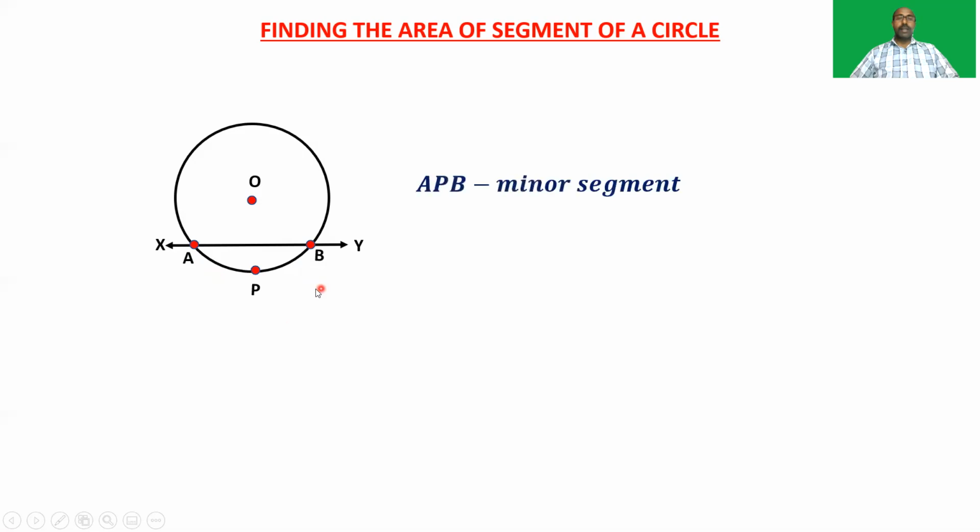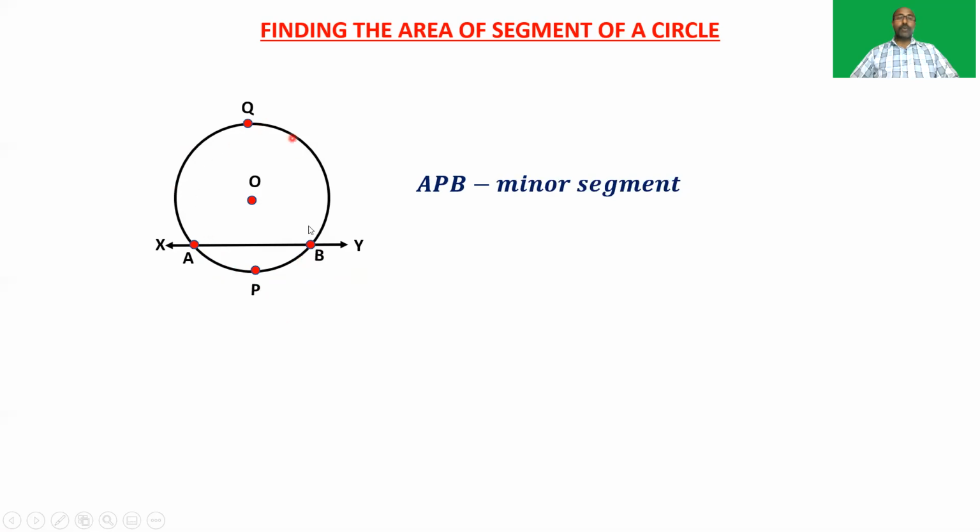Here I am taking a circle with center O, and XY is a secant which intersects the circle in two distinct points A and B. Let P be a point on this minor arc, and here APB is called the minor segment, and Q is a point on the major arc.